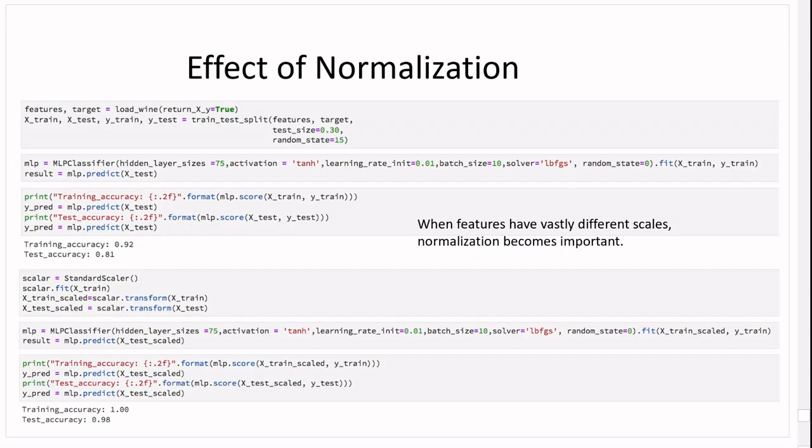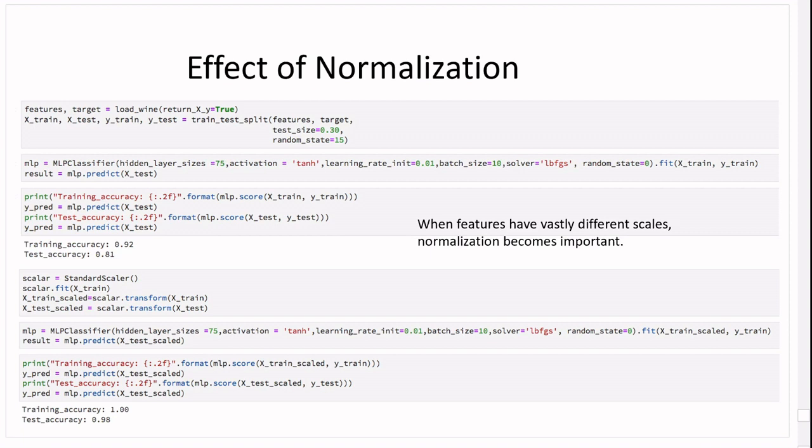This example shows you the effect of normalization. In this case, the problem that we are addressing is wine data. There is a wine data set in the public domain that a lot of people use to demonstrate different algorithms. We are using that wine data to train a feed-forward network to do classification prediction.